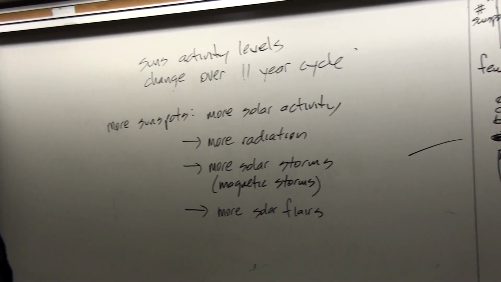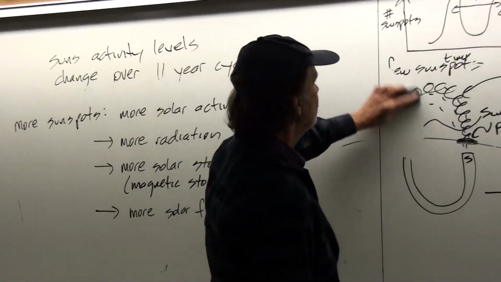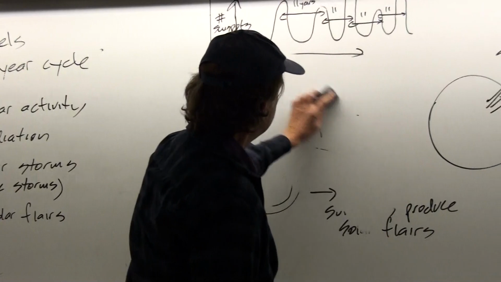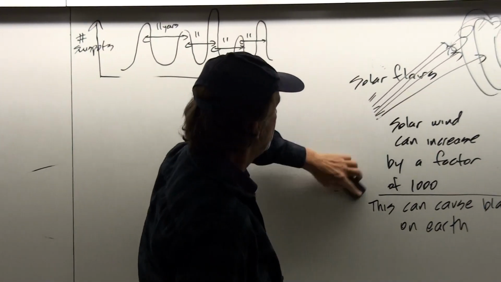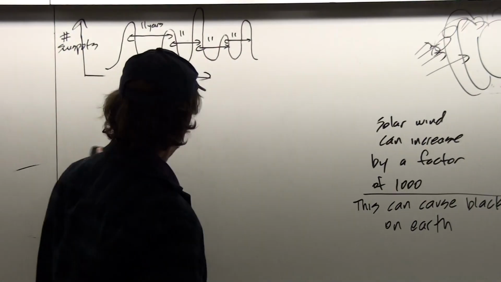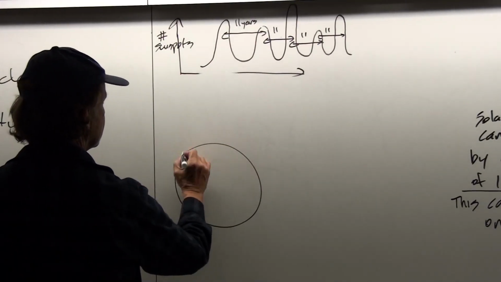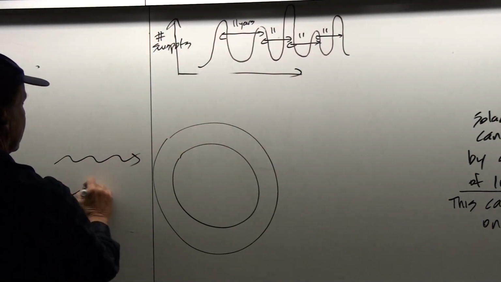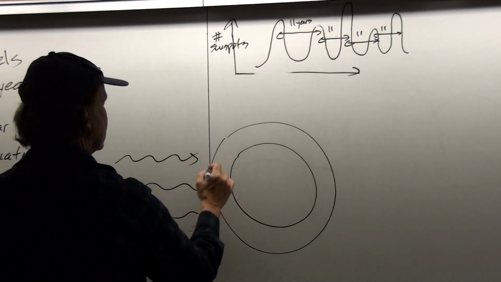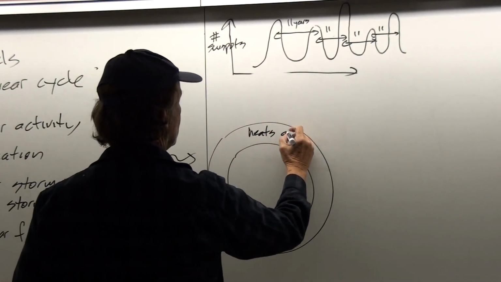Okay, and so what does this tend to do then to the Earth? Well, when we have more sunspots, we tend to get more solar radiation, and that causes the temperature of the Earth's atmosphere to increase. And so with all of these flares and with this increased activity, this heats the atmosphere a little more than normal.